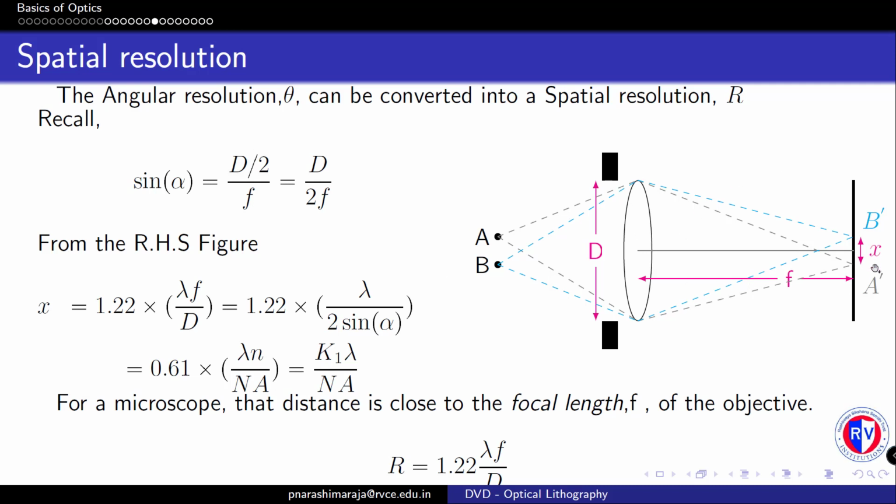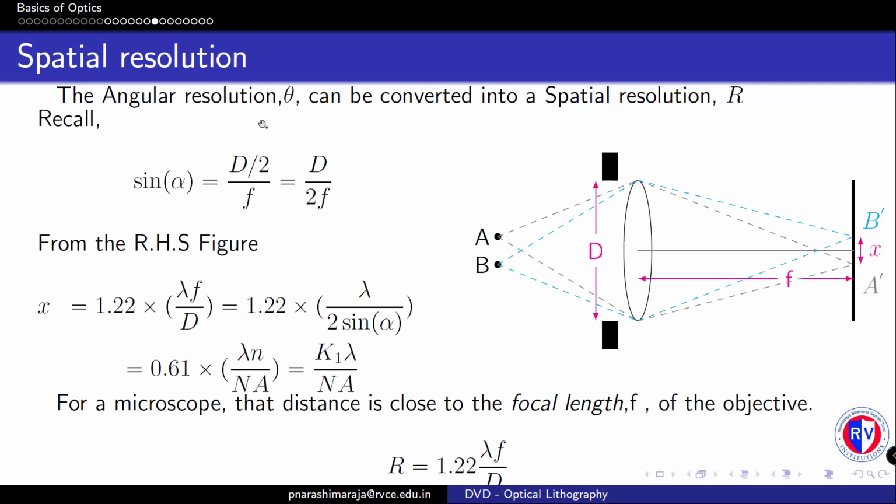Now, based on the image on the right, you can see that when there are two light sources denoted by letters A and B, these two light sources produce an image on the image plane as A prime and B prime, separated by a distance x.